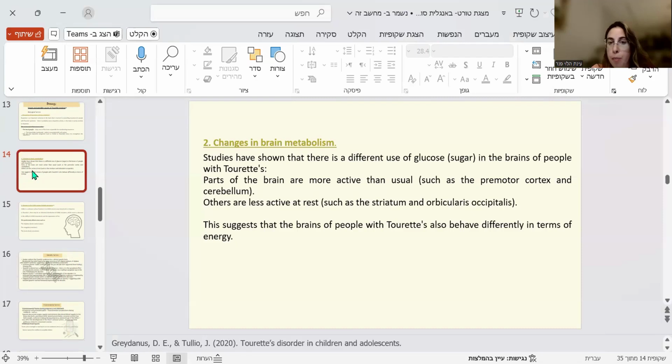Parts of the brain are more active than usual, such as the premotor cortex and cerebellum. Others are less active at rest, such as the striatum and orbitofrontal cortex. This suggests that the brain of people with Tourette also behaves differently in terms of energy.